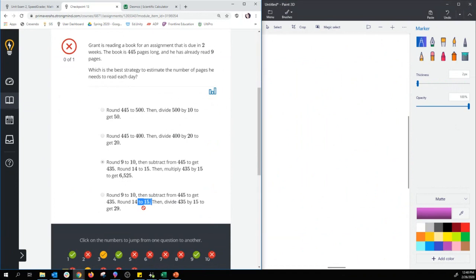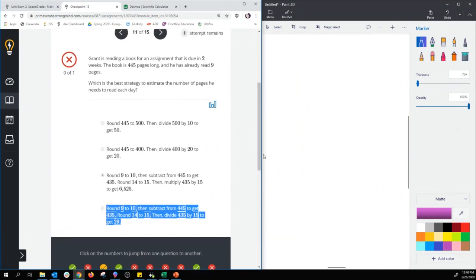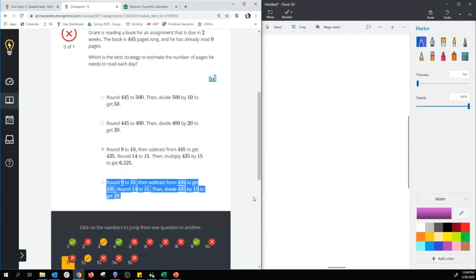So take the total number of pages I need to read and divide it by how many days I have to get an estimate of about how many pages I need to read per day, which would be 29. You could also do this by solving your equation, and you'd get close to 29, which would tell you that that would be your answer.